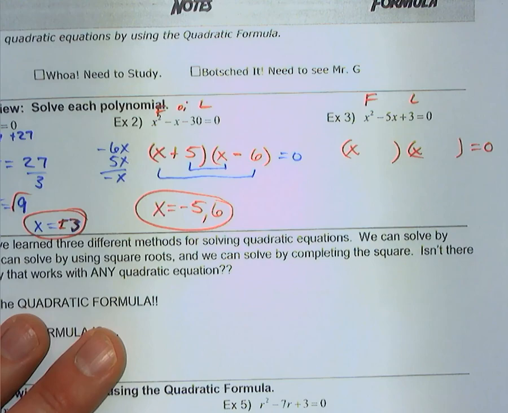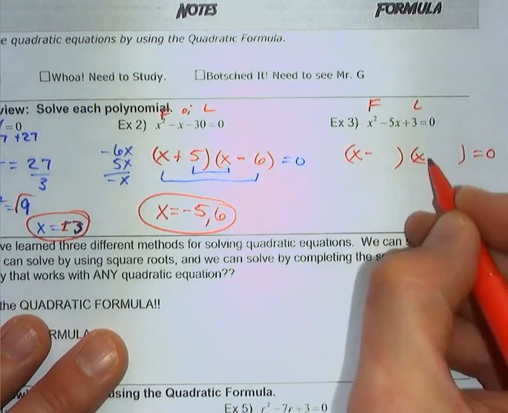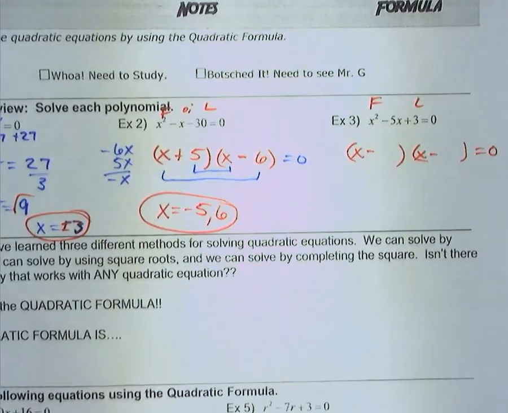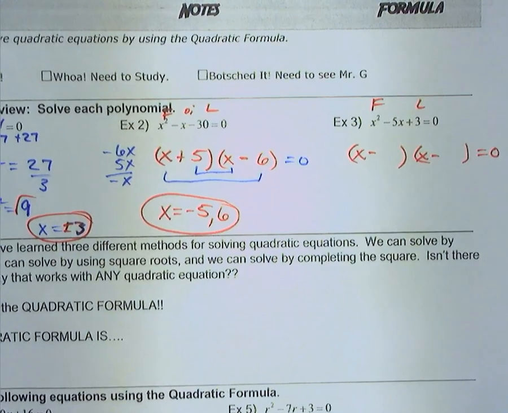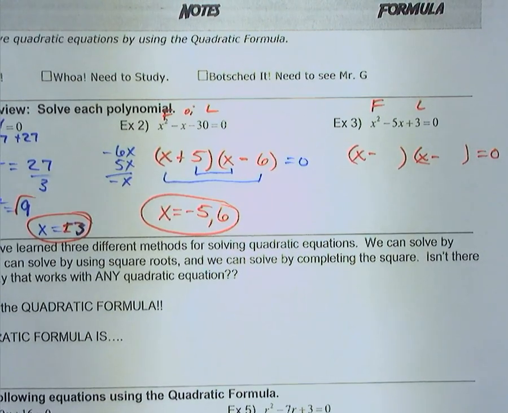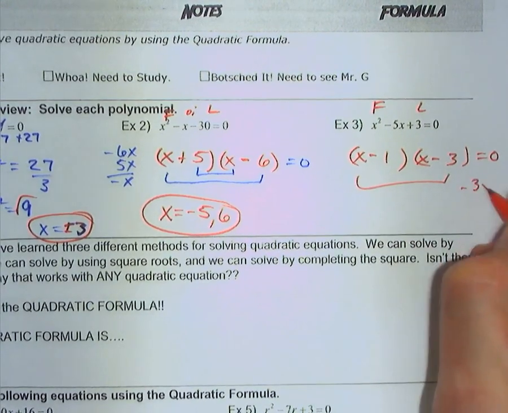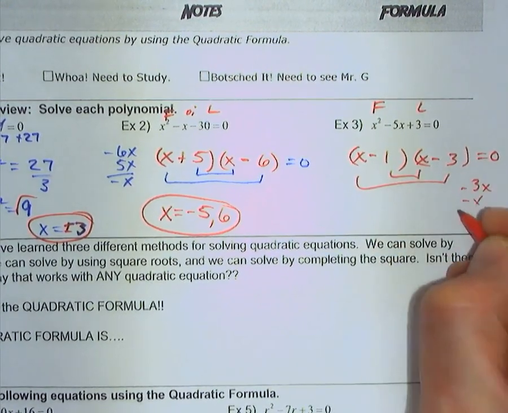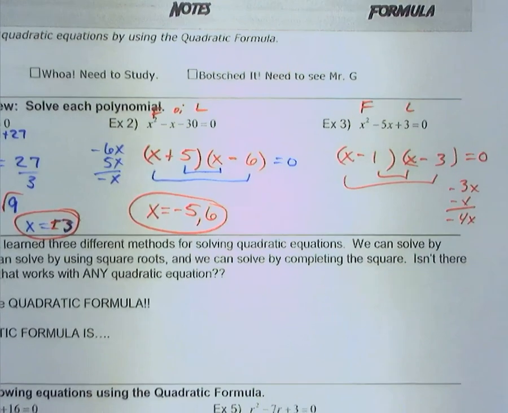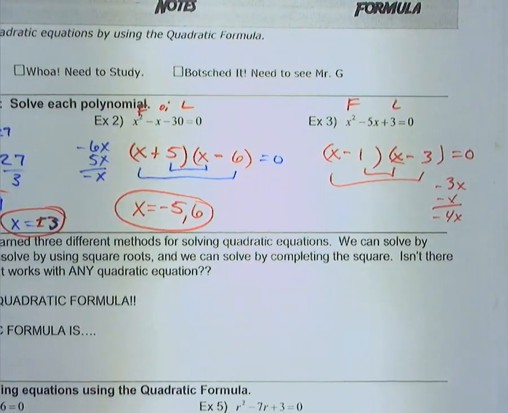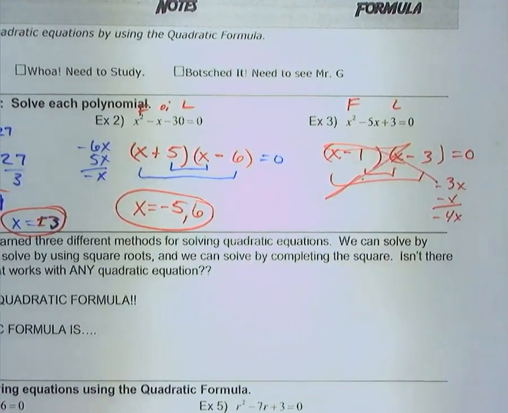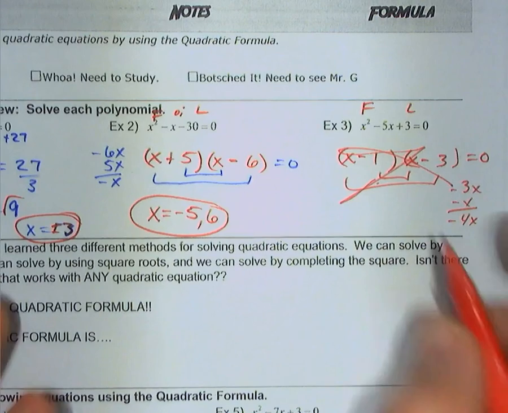Factors of a positive have to be both negative if they add up to a negative. And the only factors of 3 are 1 and 3. And if you check, that's negative 3x, negative x, that's negative 4x. And there's no other way to try to factor it. That doesn't work. So if it doesn't factor, we're looking at potentially a no solution.